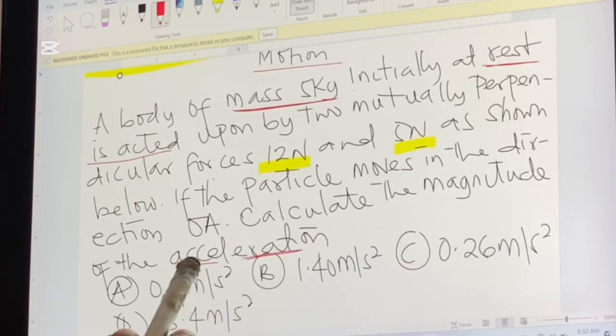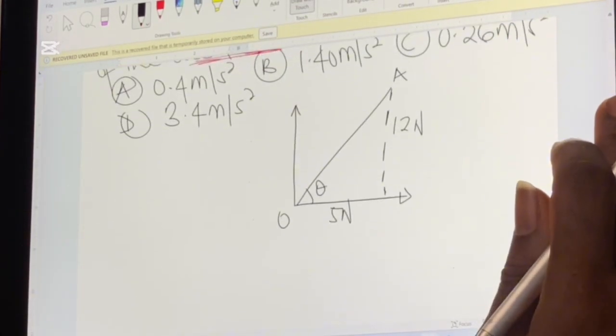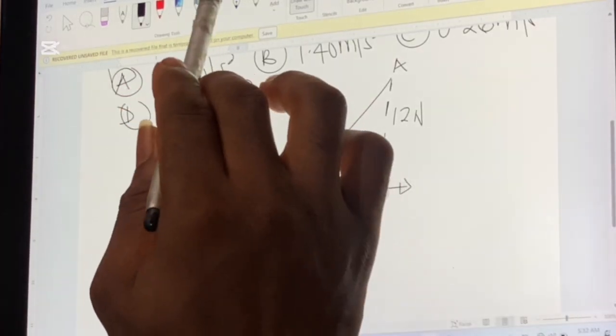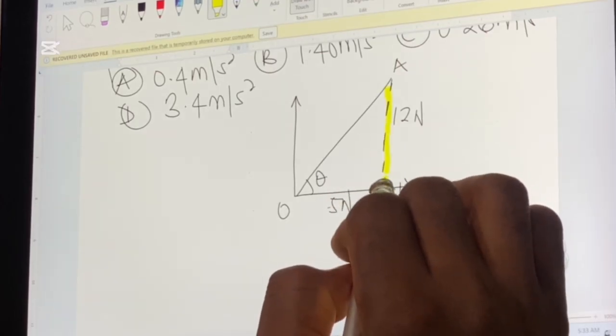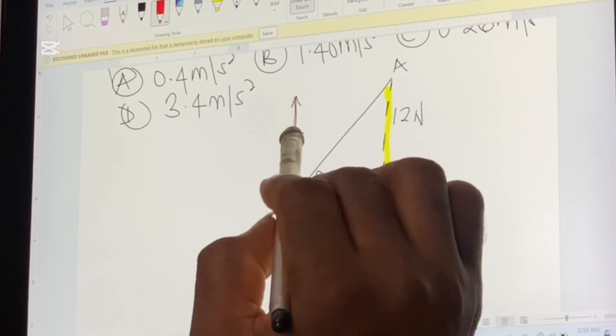So this is the question here, and the diagram is given to us. All right, this is the diagram here. Okay, so we are given this part to be 12 newtons. This side here is the same. Please take note.